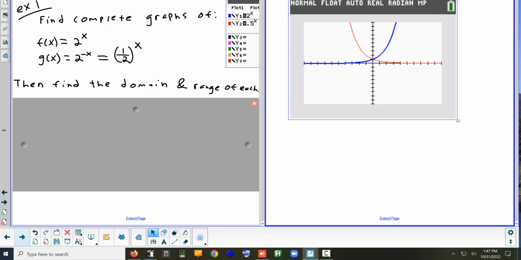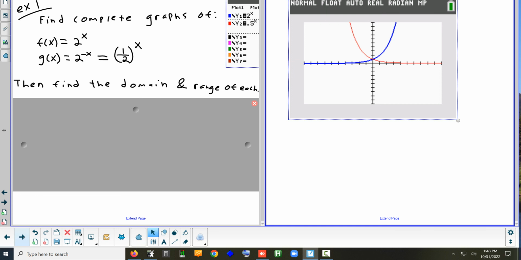And the blue one goes to the left and the right forever. So what's going to happen with the red one? Is it also going to go left and right forever?